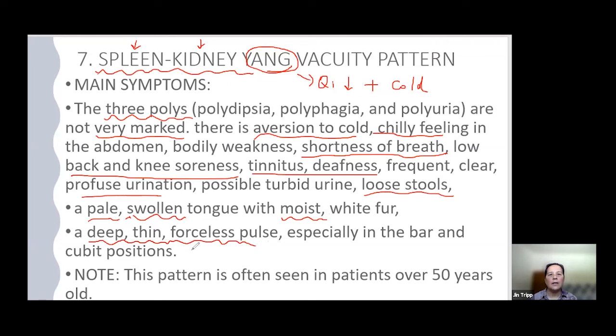Yang deficiency, yang deficiency. The patient's pulse is weaker, and we're talking about especially weaker in the chi position. So we're talking about pulse. We're talking about the chi.